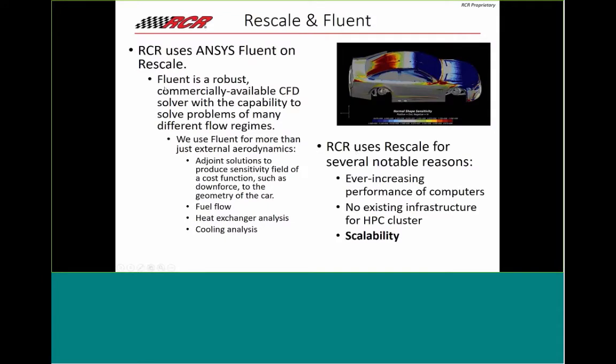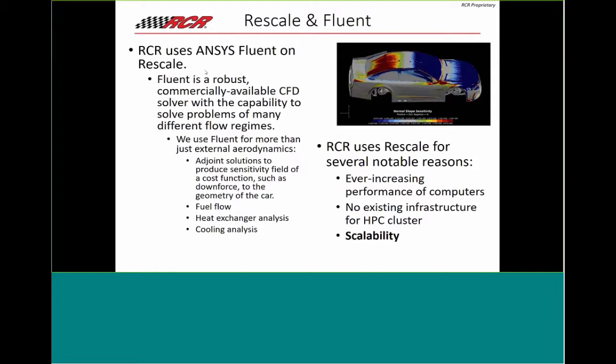So RCR uses ANSYS Fluent on Rescale. Of course, if you're not familiar with Fluent, it's a robust, commercially available CFD solver, capable of solving many problems and different flow regimes. And that's important for a race team, as a race car has many different types of flow. You may have an oil cooling system, which could be laminar, or even Stokes flow.